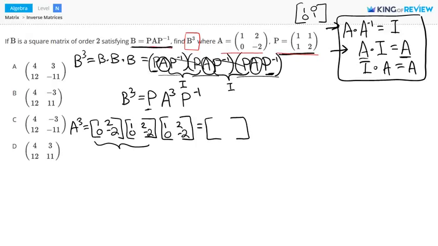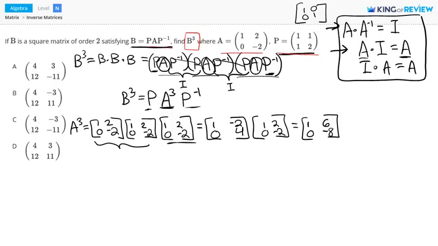So when we multiply those, we get 1, 0, negative 2, and 4. And then we still have this last matrix A here. And now let's find the product here. So when we multiply these out, we get 1, 0, 6, and negative 8.